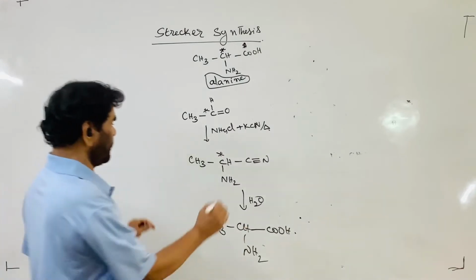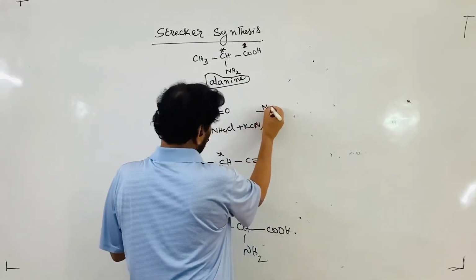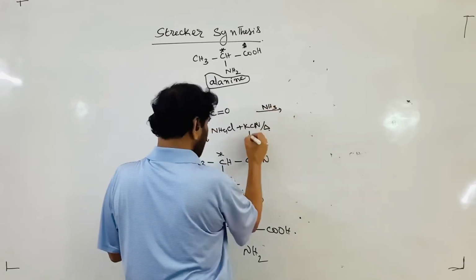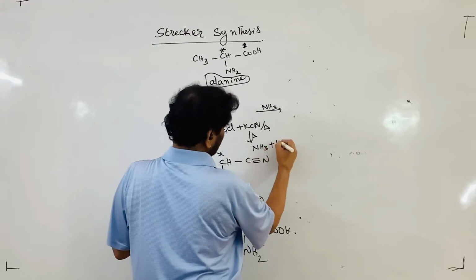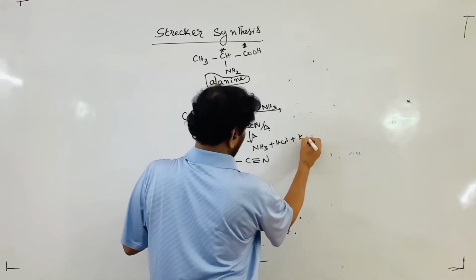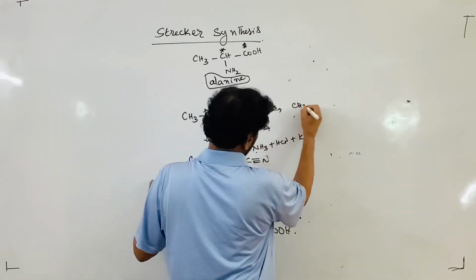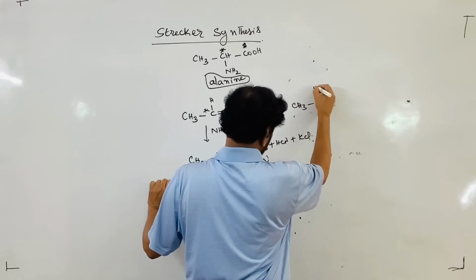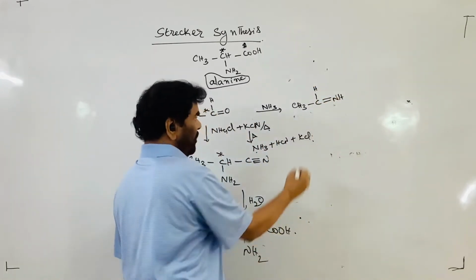This is generated. If you want to write the mechanism of the reaction, first ammonia, this on heating gives ammonia plus HCN plus KCl. This ammonia first adds, addition followed by elimination, double bond NH, imine is formed.